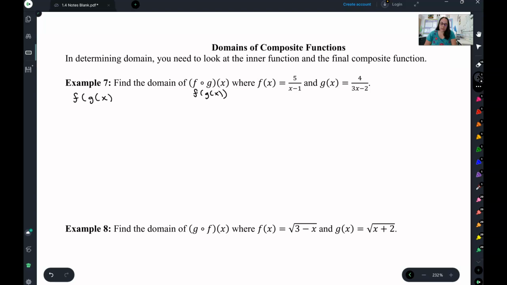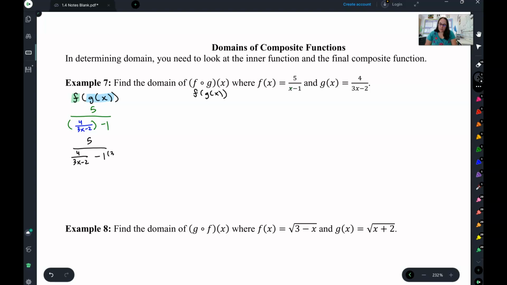Just like we were just doing, f is my outer, so that's what I start with, my big fat parentheses, wherever there's an x. And g is what gets plugged inside. So g is my 4 over 3x minus 2. Now we will want to simplify this because this is a fraction in a fraction.